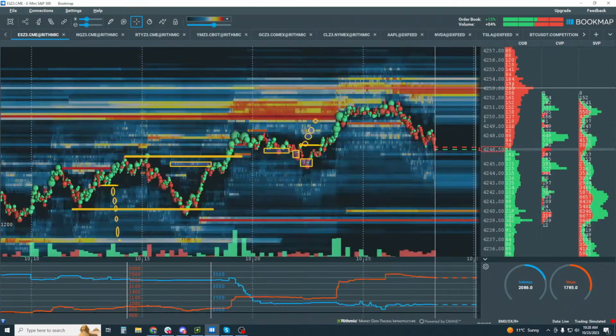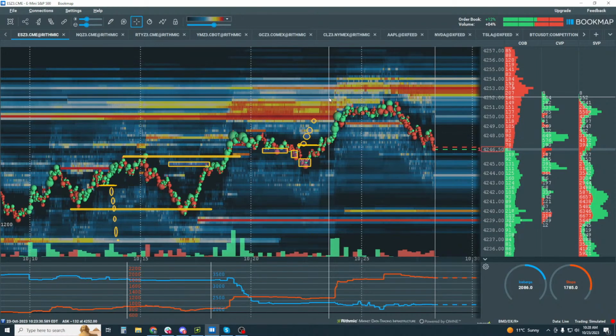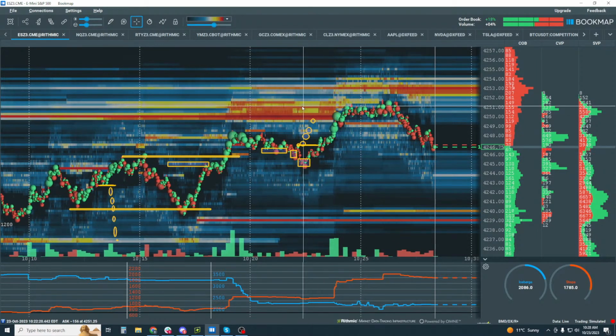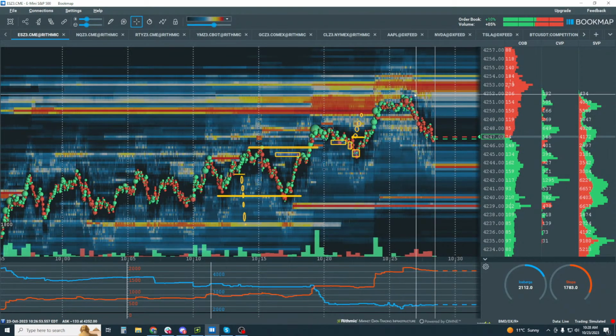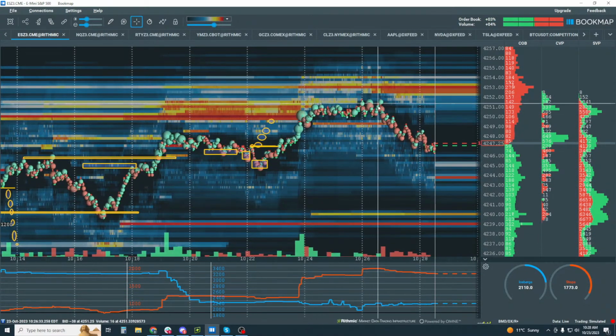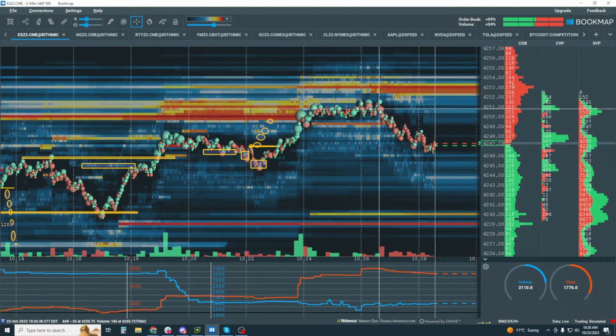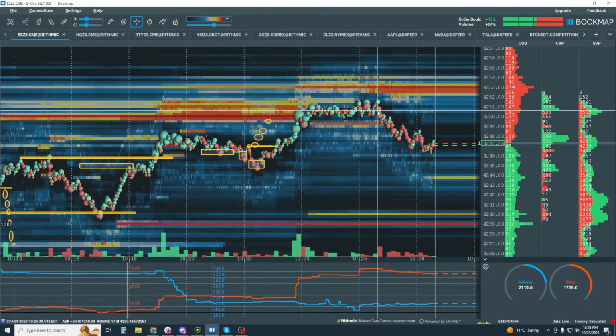Now that said, that's the bigger picture. Now we've got to look at this lower time frame and start to understand what might happen. Did we get the buyer? We just made a higher high in here. I don't see any. I see back and forth in here. There are some buyers, but there's some heavy selling now.